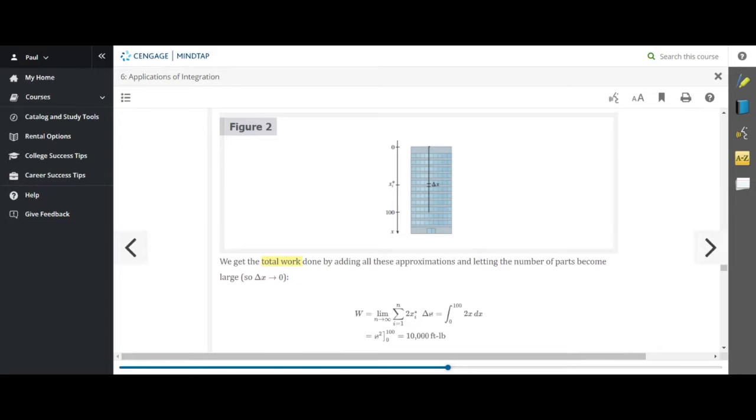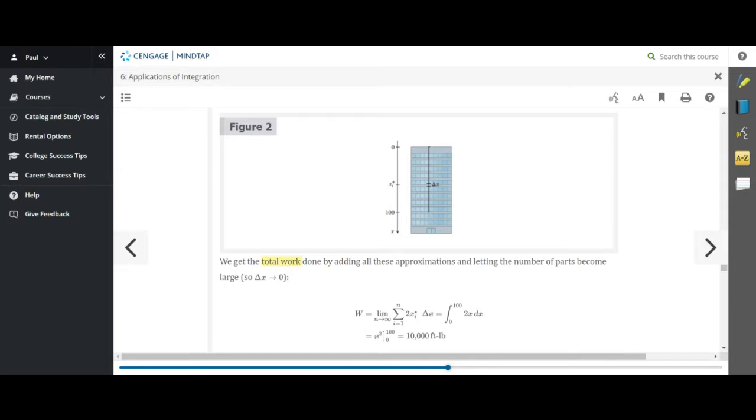They have it from 0 to 100 because the cable's 100 feet long. Then they pick a value along the cable, x sub i, and look at a piece of the cable, called delta x.